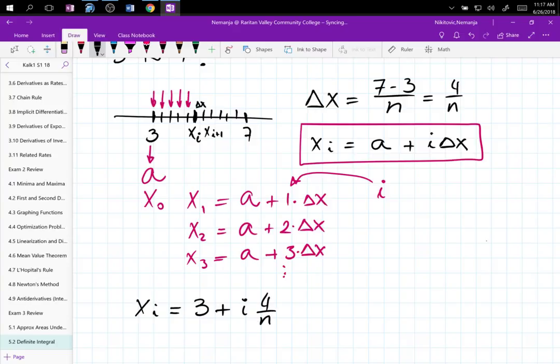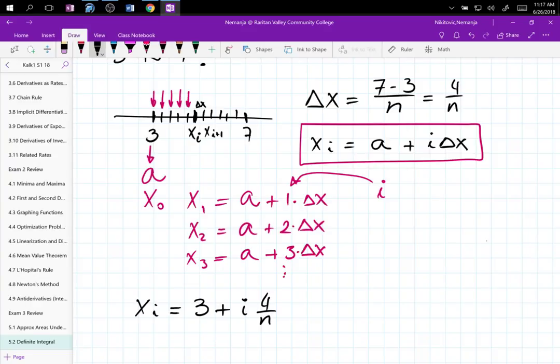Now, please don't confuse this i with a complex i. This is the i counter. Generally, people in Europe use j for the counter. In the US, it's generally used as i. And n is also used as a counter, but we can't use n now because n is the number of rectangles, so that would be even more confusing, right? If you had two lowercase n's running around meaning different things.